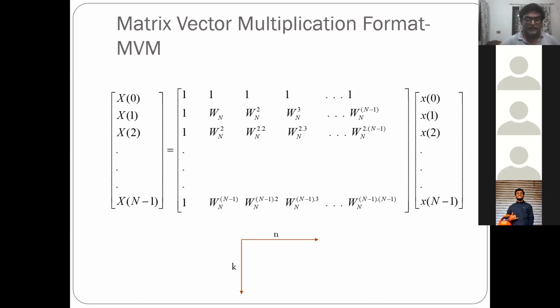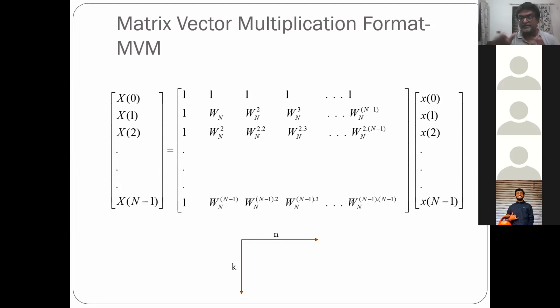Like that, every DSP equation can be represented in a matrix vector multiplication format. So you might be remembering the Toeplitz matrix structure that we had discussed in the previous semester, when we discussed linear convolution, do you remember? We had discussed linear convolution in the previous semester itself, and then we had tried to represent that linear convolution in the form of a matrix structure. If you do not remember, we will be doing that again today.